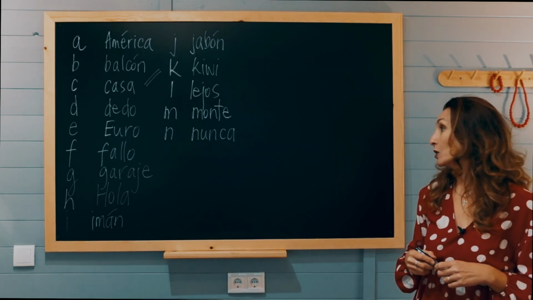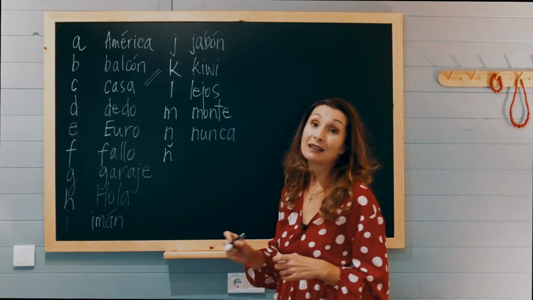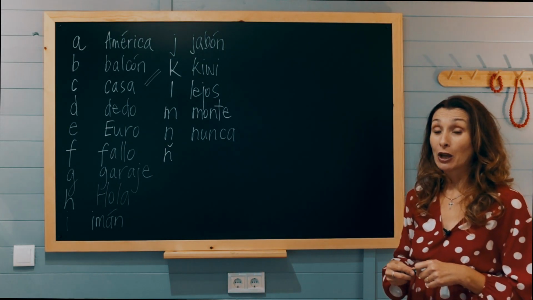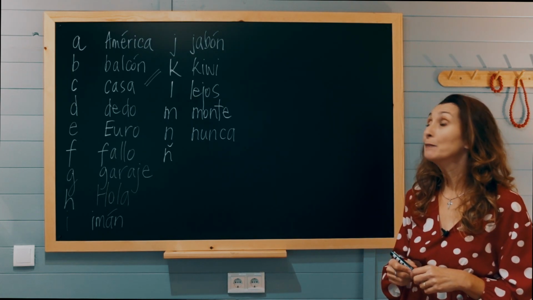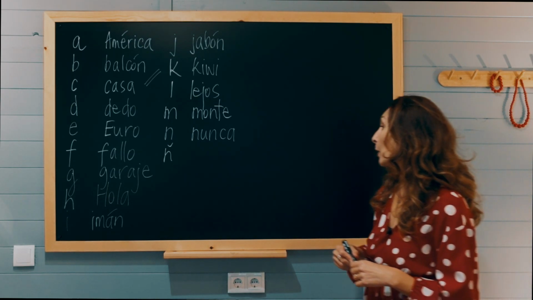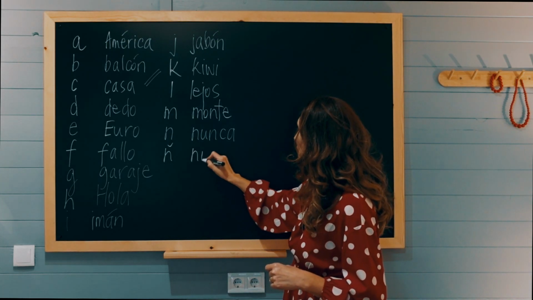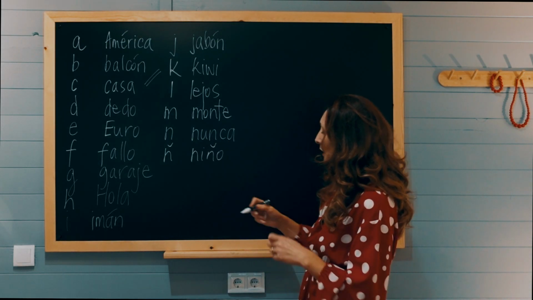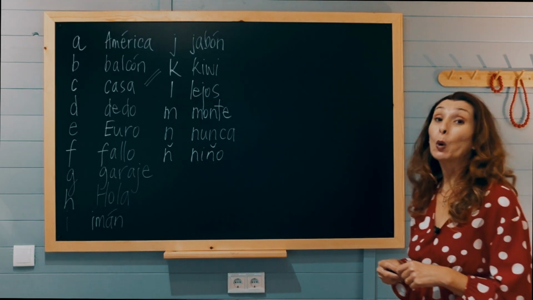N sound. Then we have the intruder, the only letter that the Spanish have and the English alphabet doesn't. Ñ. Okay, I won't put a word that starts with an ñ. Niño is a child or a boy.